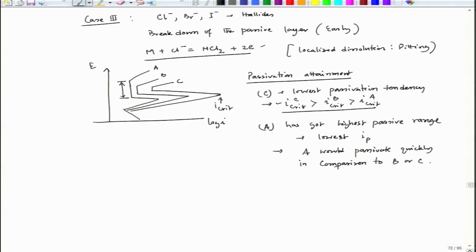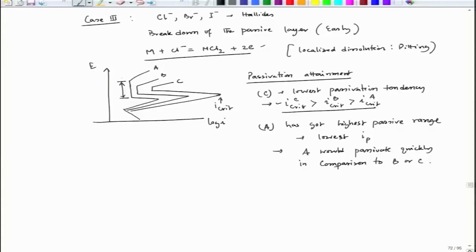At the same time, wider passive region is good, but we have to also see that wider passive region should accompany a lower I passive. So, then we can say that metal has got a very good passivation tendency.